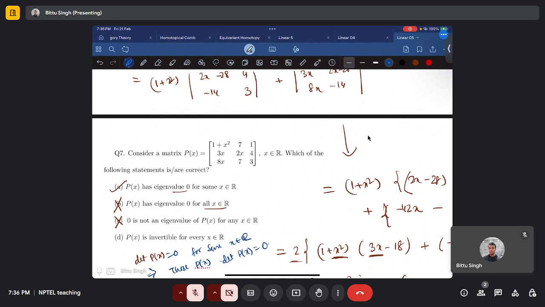Right? Determinant px equal to 0 means it is actually not invertible. It is not invertible, but it says that it is invertible for all x. So this is also false.